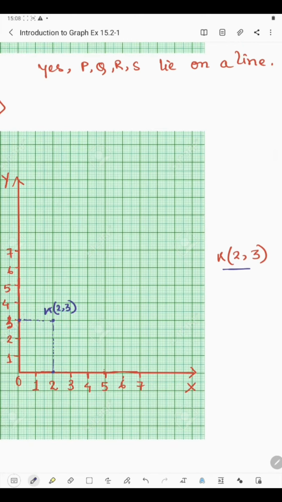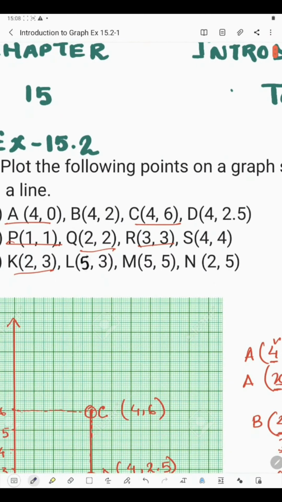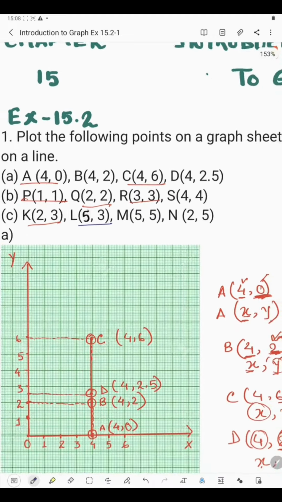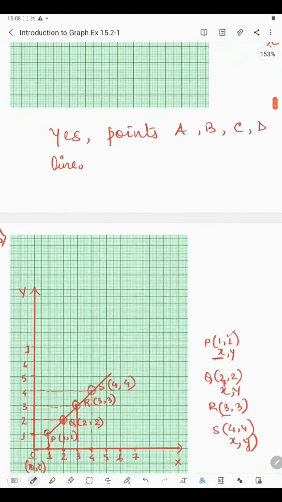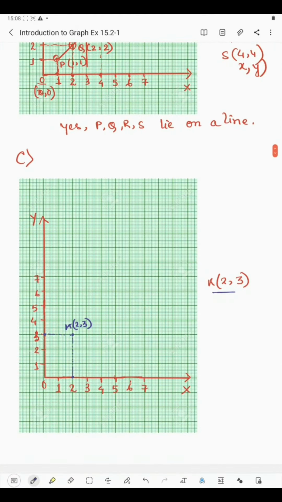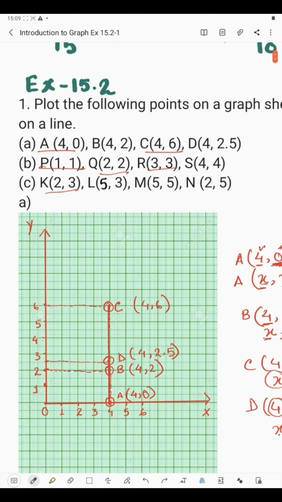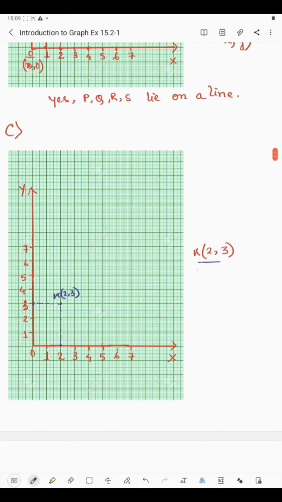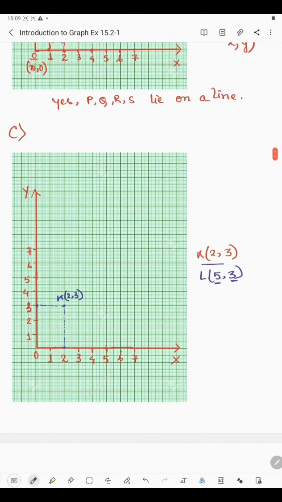Now next we have point L, and the coordinate of point L is 5 and 3. So the value of x is 5 and value of y is 3. Value of x is 5, so that we will find on the x axis.